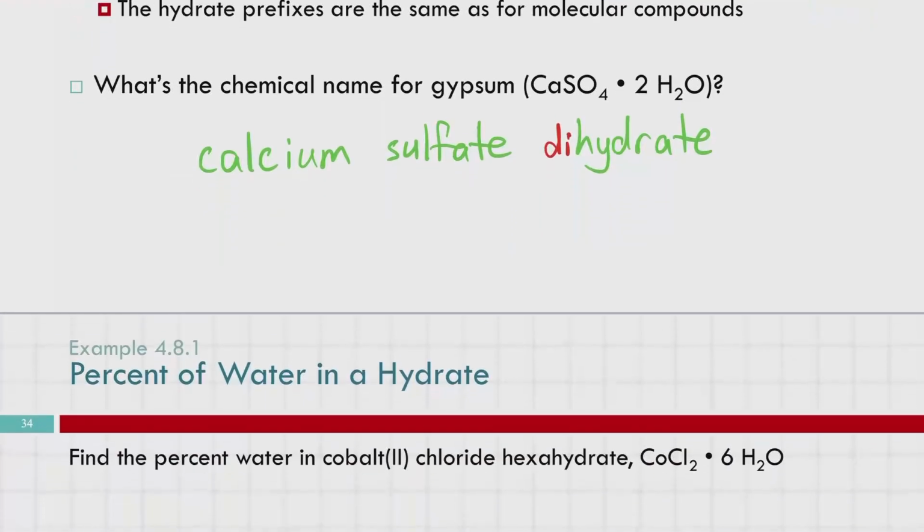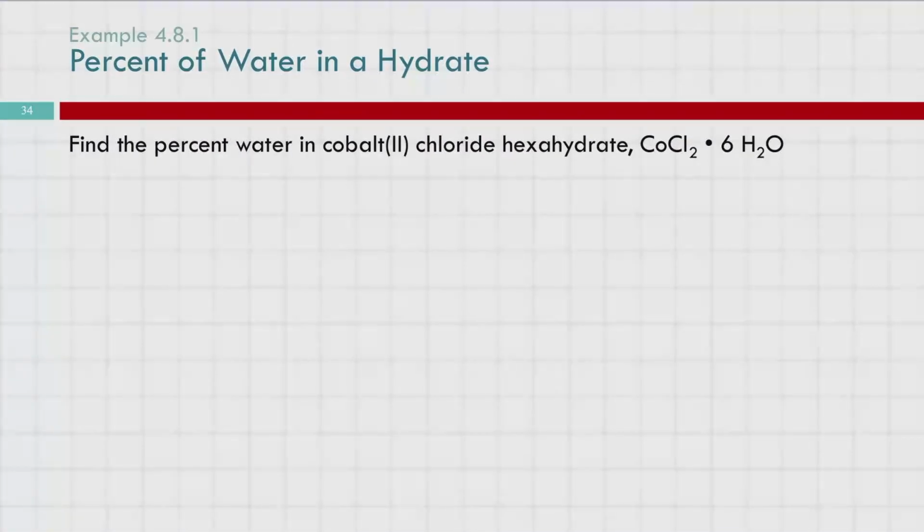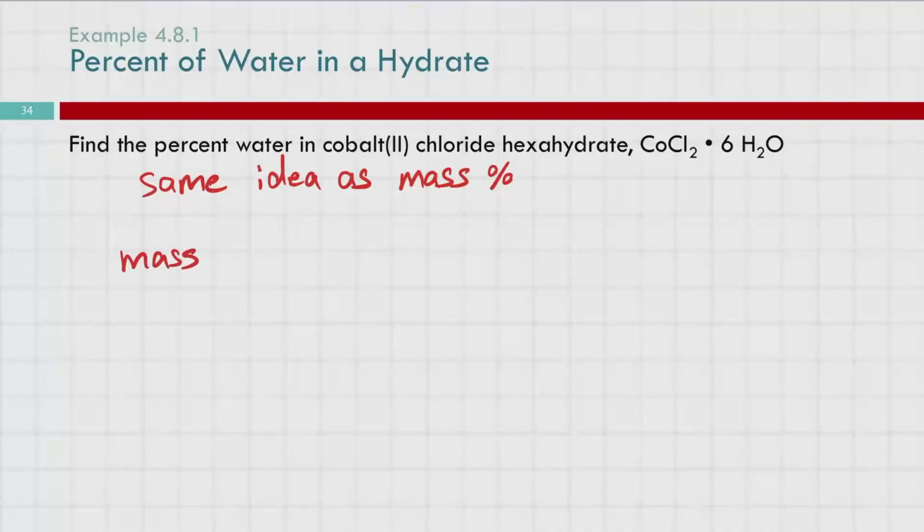Just like with mass percent, we can also calculate percent water. This is the same idea as mass percent. Mass percent was the mass of the part, where we were looking at individual elements, and then on the bottom was the mass of the whole thing.